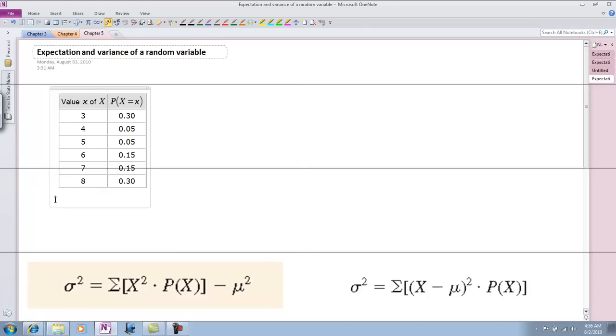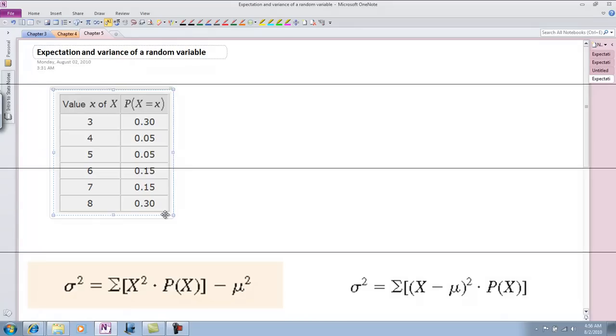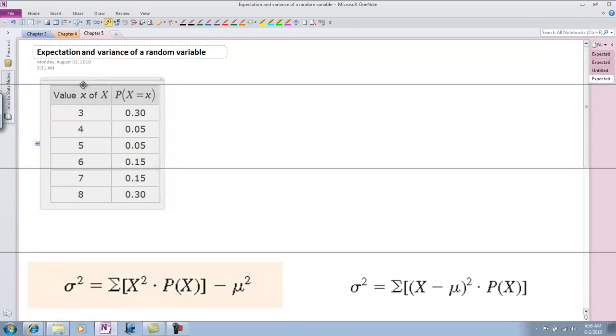I don't know which way you prefer to do it, but we proved in the last one that both ways work. So it's really up to you. I think in this case, though, these numbers are very easy to square. So it's easier than doing the subtraction and then the squaring to just square those.